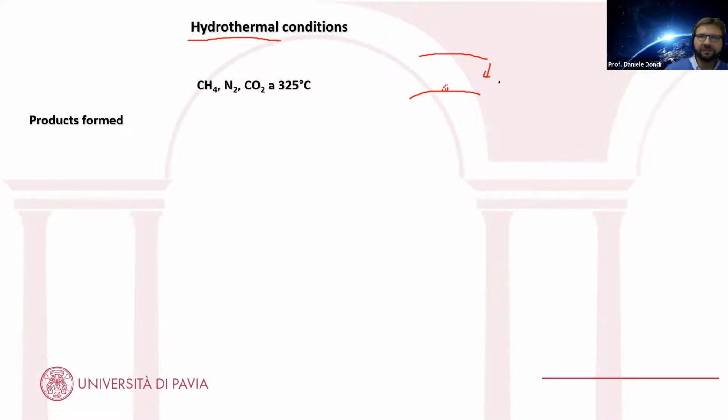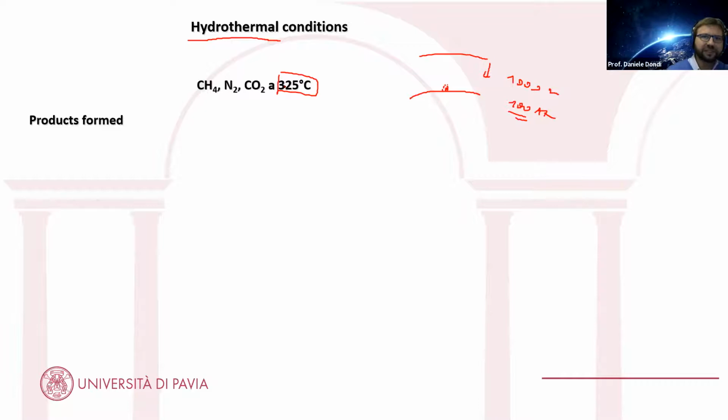So imagine a depth of 1,000 meters. The water boils at temperatures of maybe 300 degrees at this pressure.